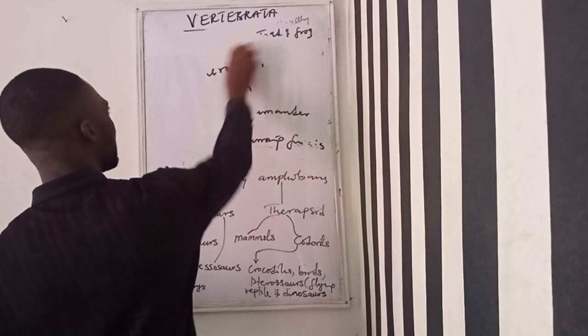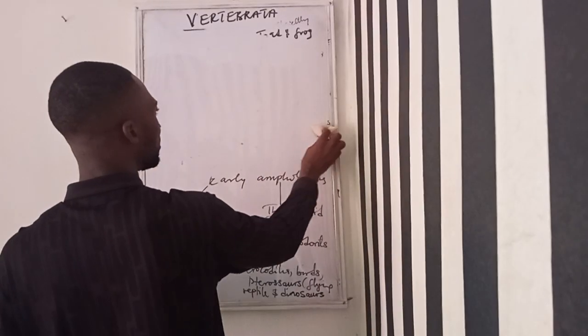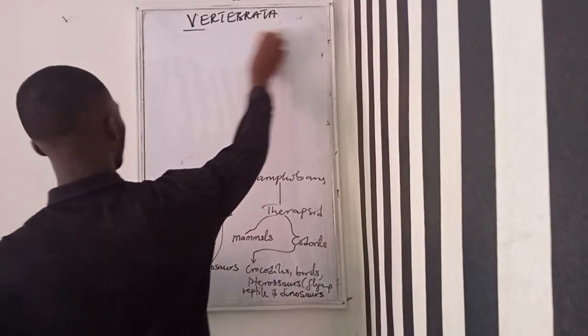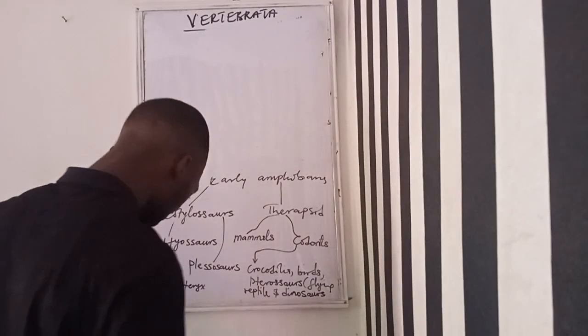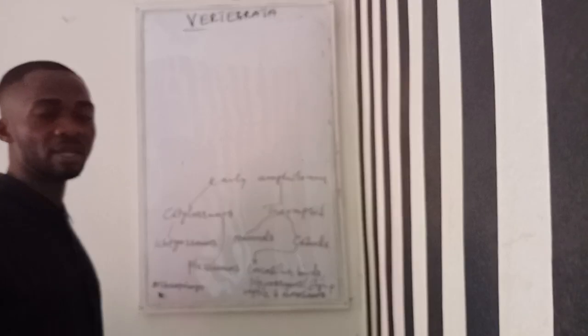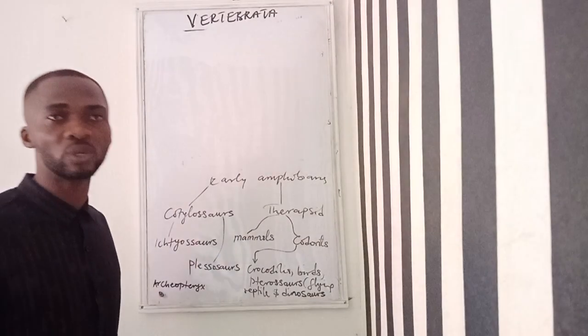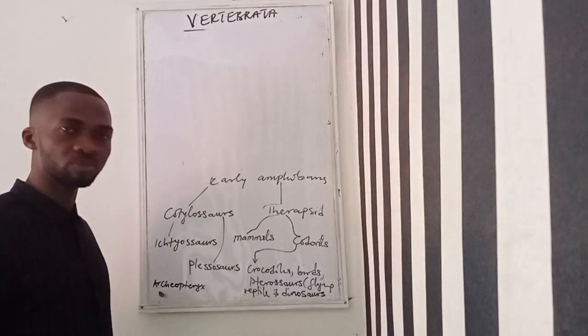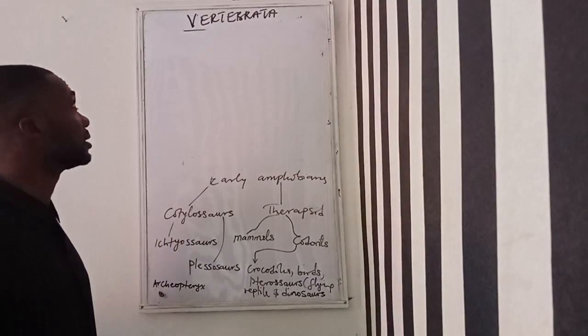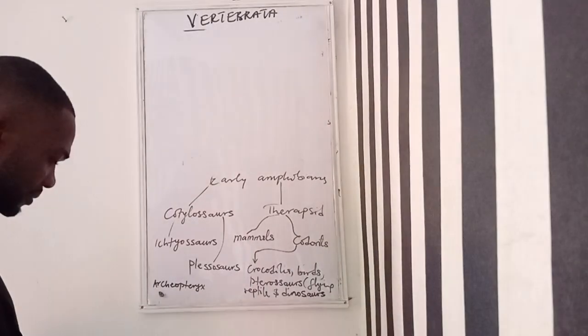The reptiles evolved from amphibians within the period when the number of amphibians dwindled. That was when the reptiles now came to the stage. That was when they evolved, the reptiles.